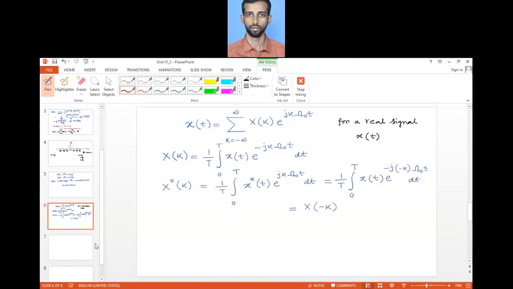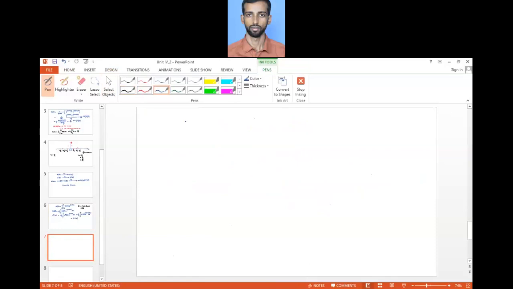We can invoke the same thing. This x of k is equal to 1 by T integration over 0 to T x of t e to the power minus j k omega naught t dt. So now if I take the complex conjugate x star k, that is equal to 1 by T integration over 0 to T x star t e to the power j k omega naught t dt.